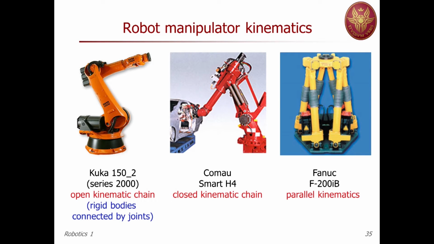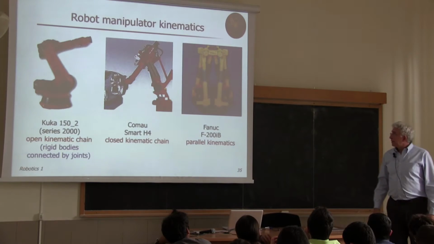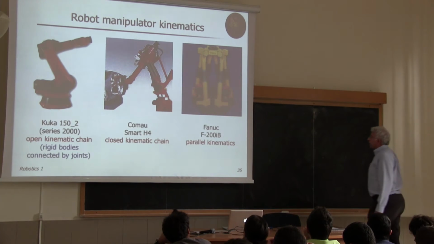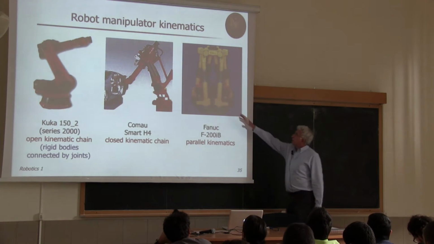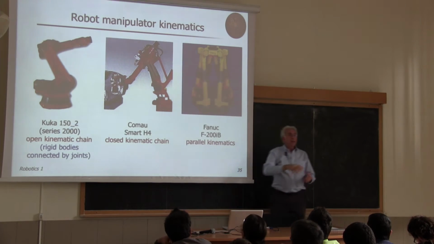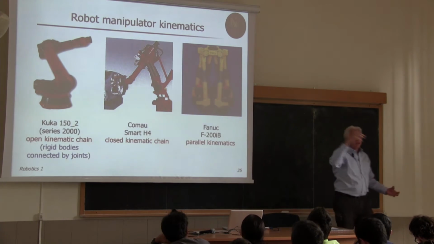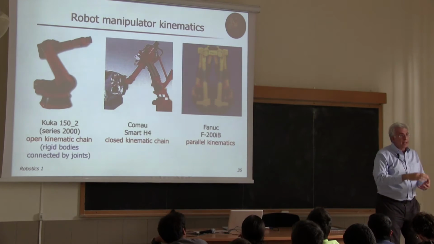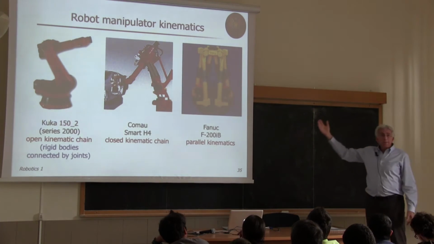This type of kinematics is also often called Stewart platform. In this case, we have joints, which you can see here in these legs. These are purely prismatic joints, so they extend or compress. And there are 6 of them.